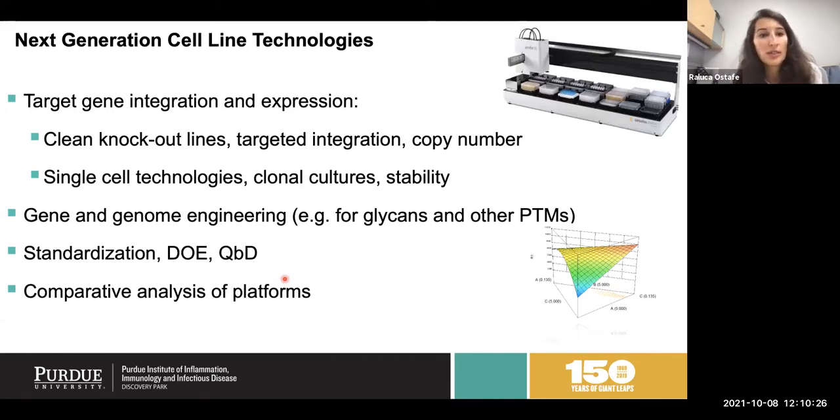So in general, we try to do stable integration into the cell line genome. This is even more important for mammalian cell lines, because transient expression costs normally range around $2,000 per liter. So there is no way that you can do a 100-liter fermentation on a transient expression platform.